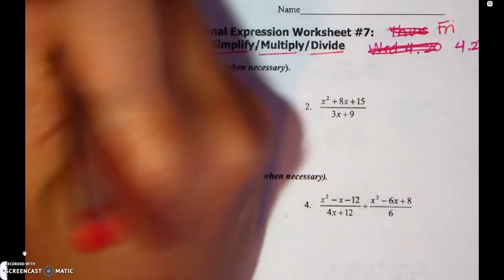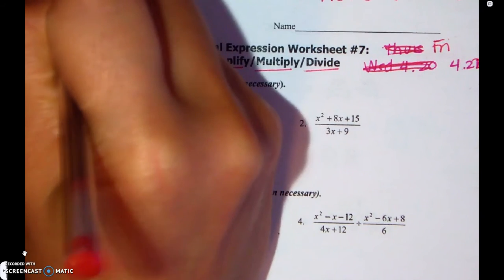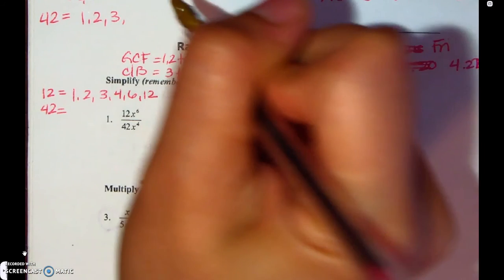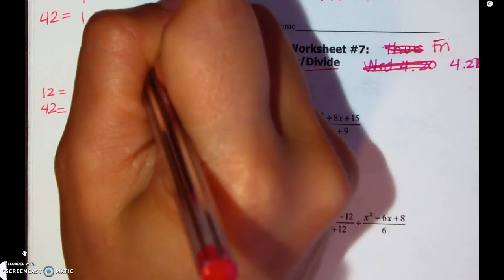I'm going to move 42 up here since I ran out of space. 42 would be 1, 2, 3, 14, 6, 7, 14, 21, and 42.